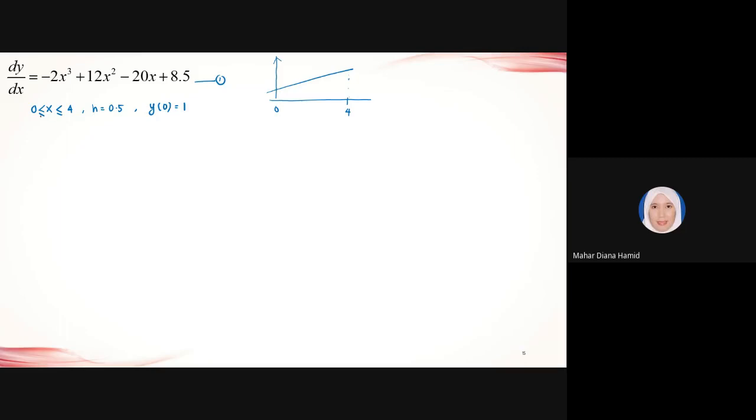So we are going to differentiate the function from 0 to 4 with a step size of 0.5. So every 0.5, and so on, we are going to get the value of yi plus 1.